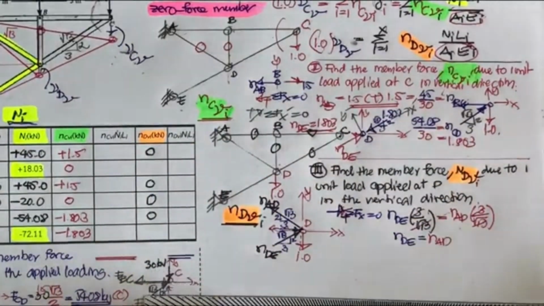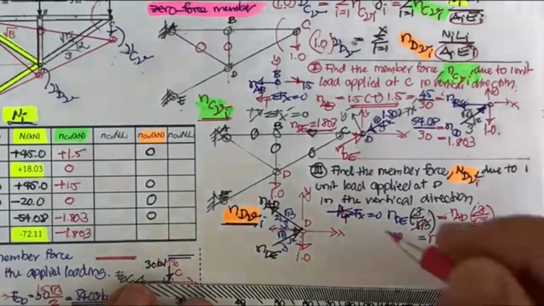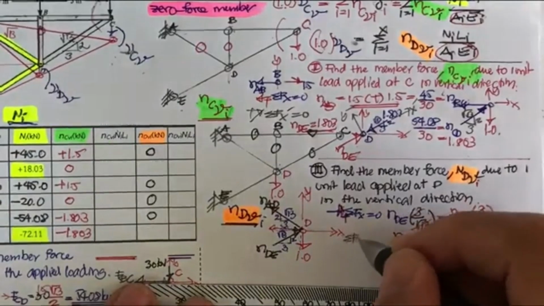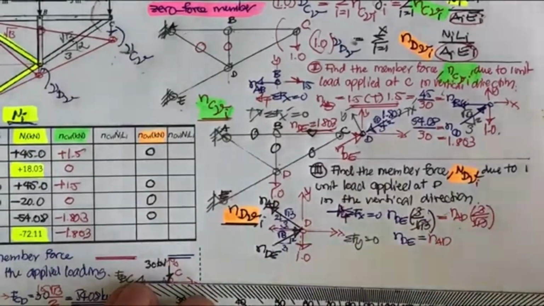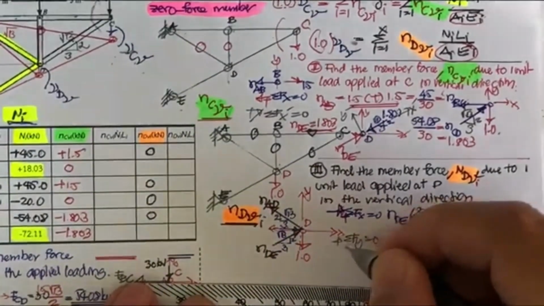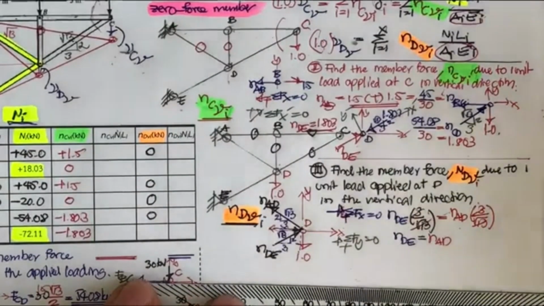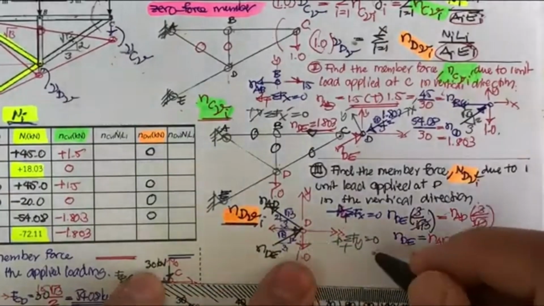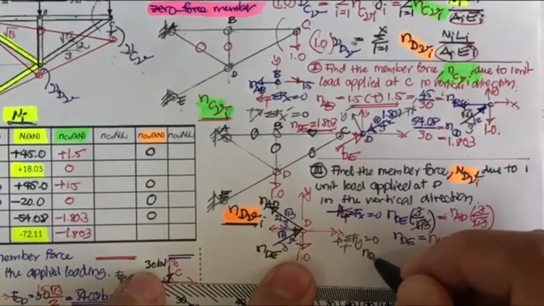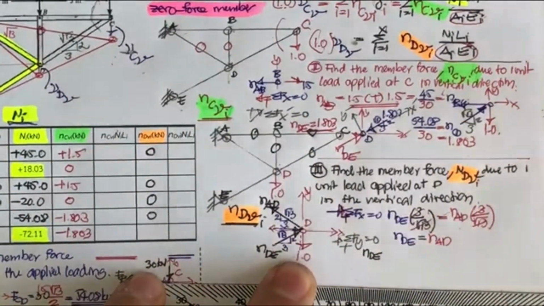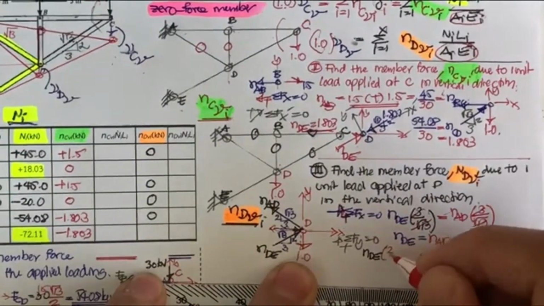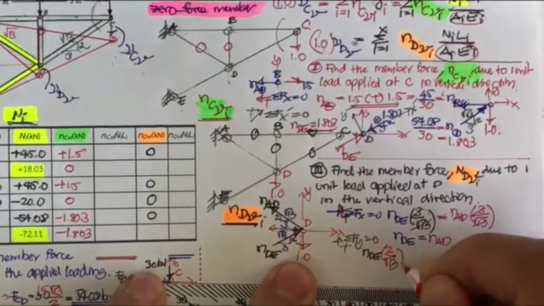Next we are going to use another one, the summation of F sub y equal to 0. This time upward is positive. N sub DE pushes upward, so you project it by 2 divided by square root 13.